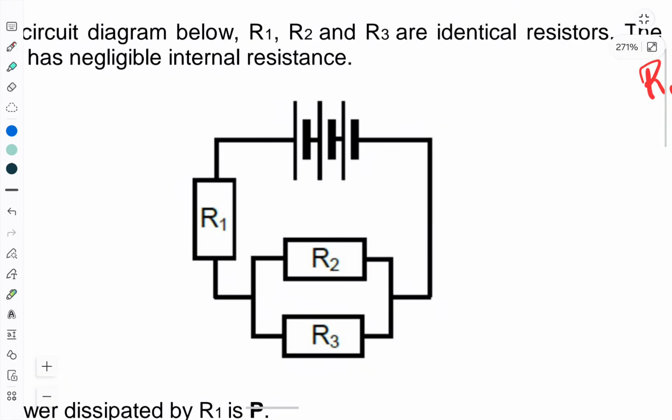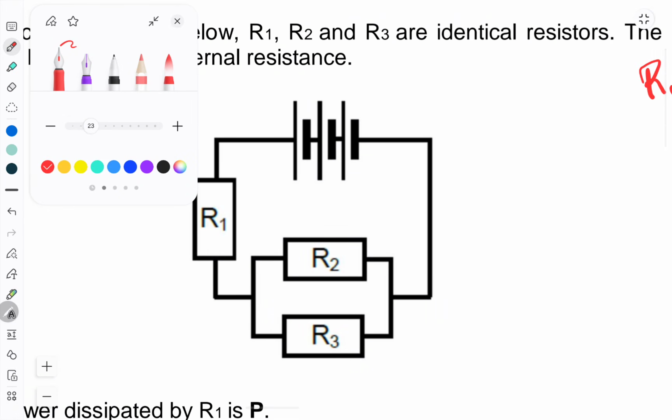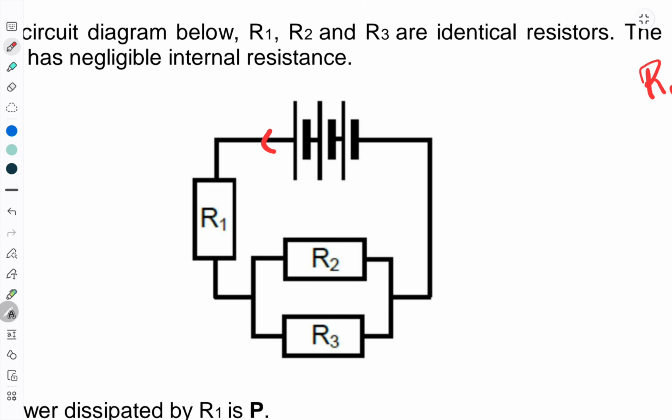So let's do what we normally do. Let's trace our current. Current will come this side. It passes there. That's total current, right? So R1 will receive the total current. Then you go there. There's a junction or a parallel combination. So the first branch will receive, let's call it I1.